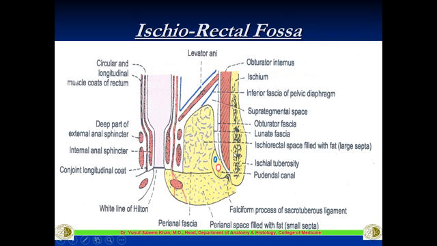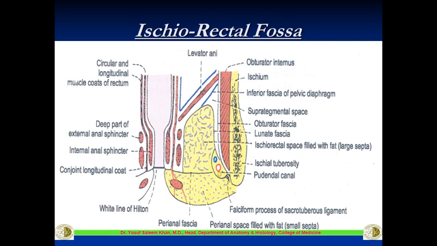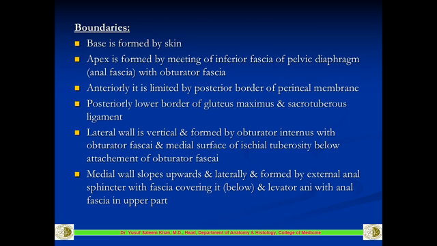So it is 2 inches in the anterior-posterior direction, 2 inches from above downwards, which is the depth, as well as almost 1 inch in the breadth or the width. So these are some of the dimensions of the ischiorectal fossa. It is a small fossa filled with a huge quantity of fat, which helps in the cushioning effect and helps in the expansion of the rectum as well as mainly the anal canal.